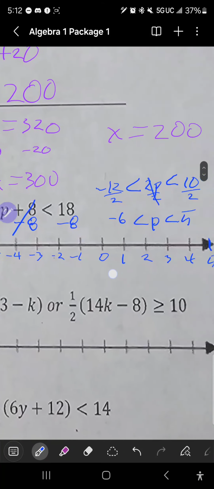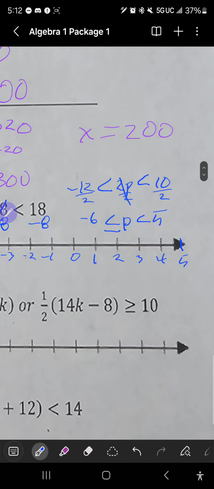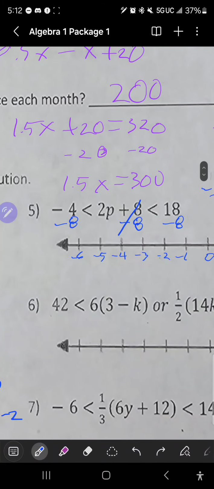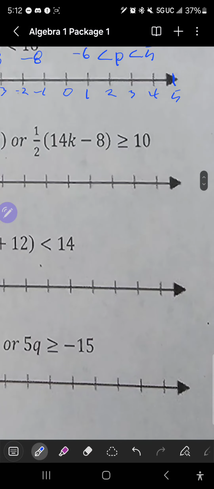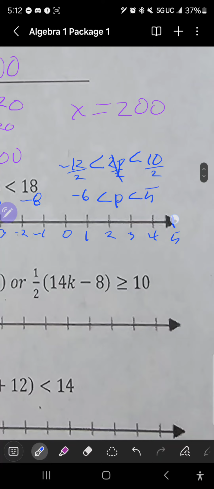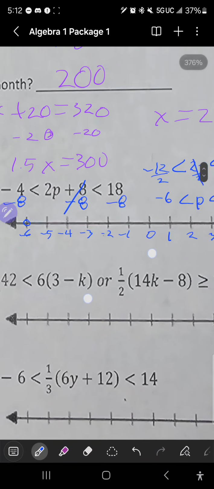And what we want to do, as you see, there is no equal sign here and there is no equal sign here, so this is not going to be included. This point is also not going to be included.